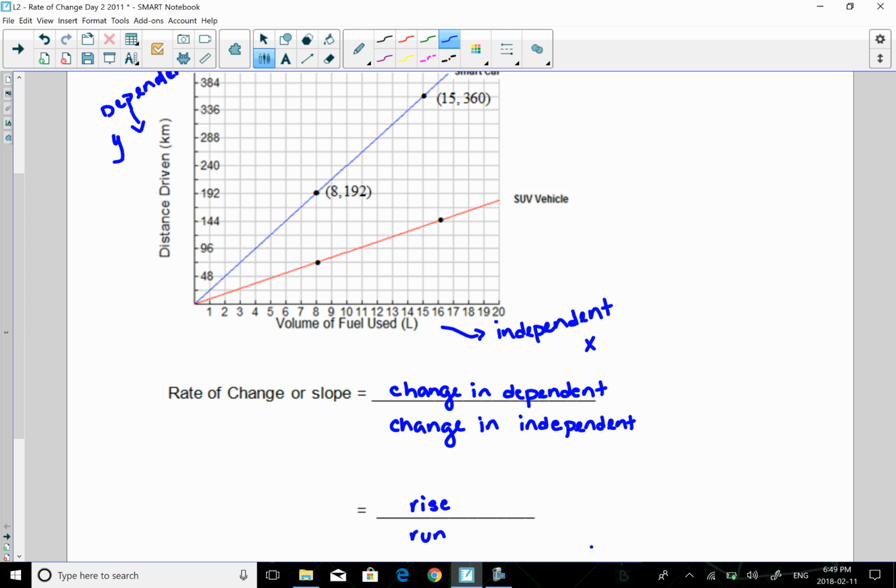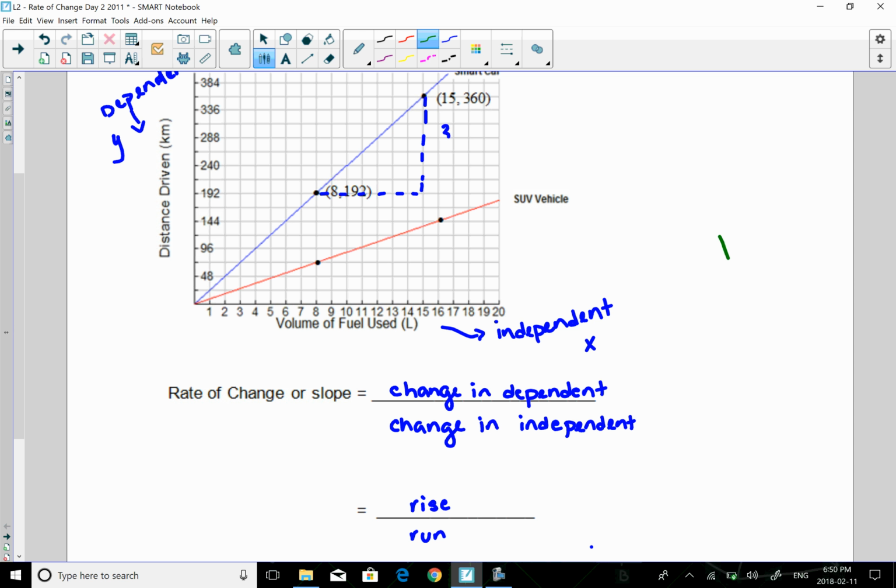If I were to look at a change, let's use these 2 points for the change in the smart car. Draw a triangle just to see the change in the independent versus dependent. So this is my rise, my dependent. This point here is 8 and 192, and this one is 15 and 360.